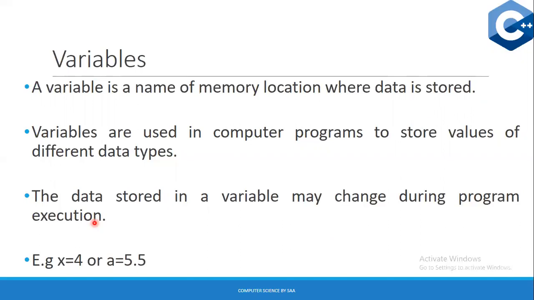For example, x = 4. Here x is a variable and 4 is the value of this variable, and a = 5.5. Here a is a variable name and 5.5 is the value of variable a, and these values may change during program execution, so that's why they are known as variables.